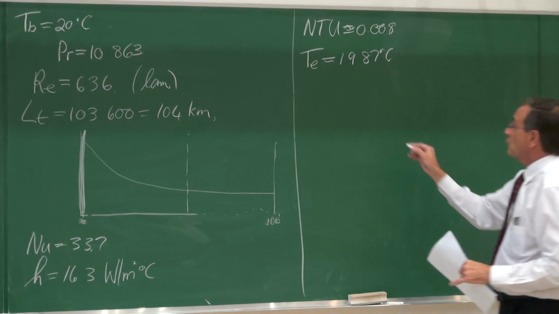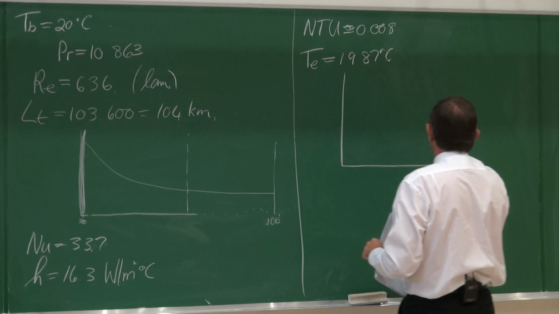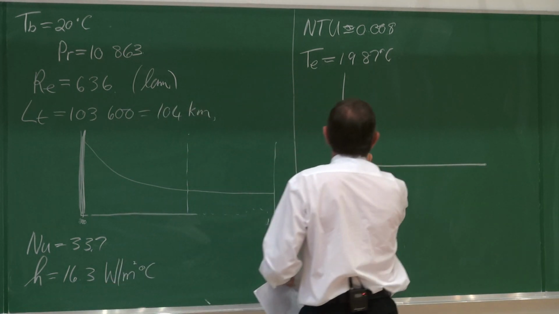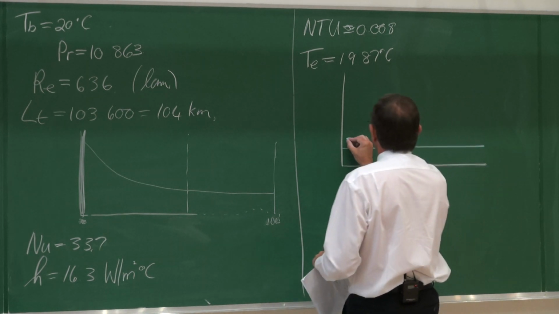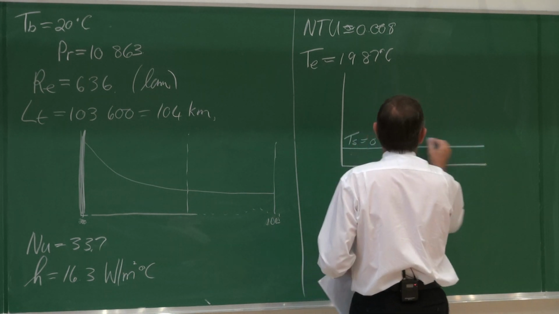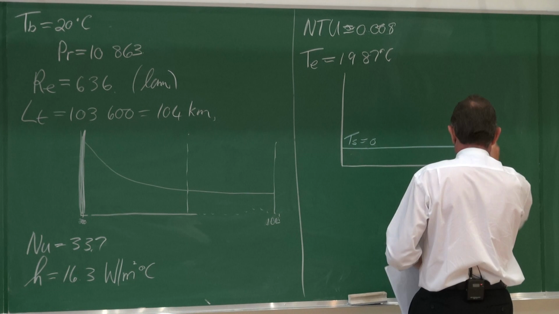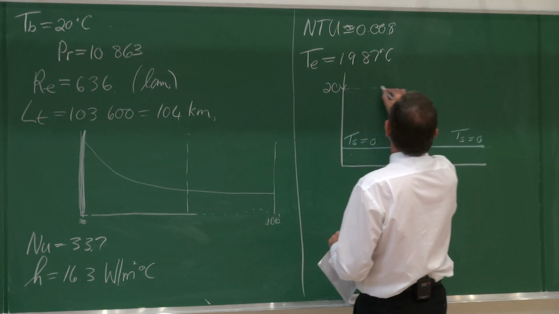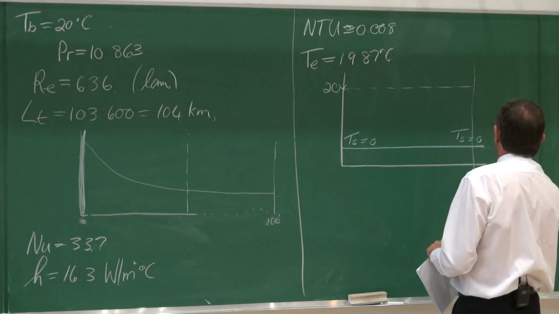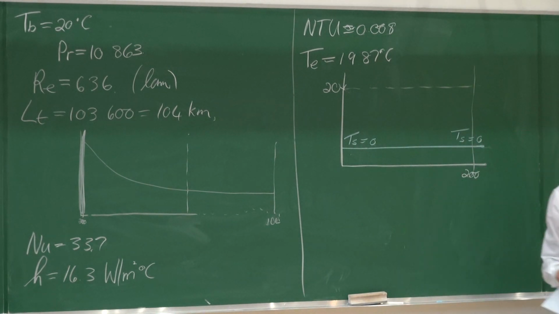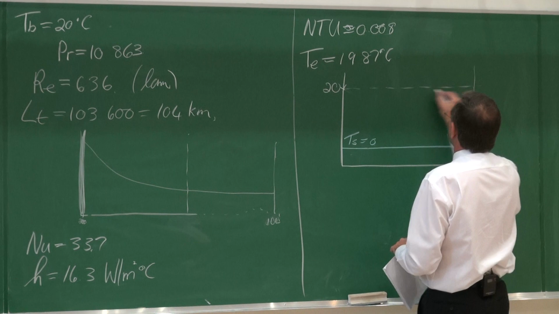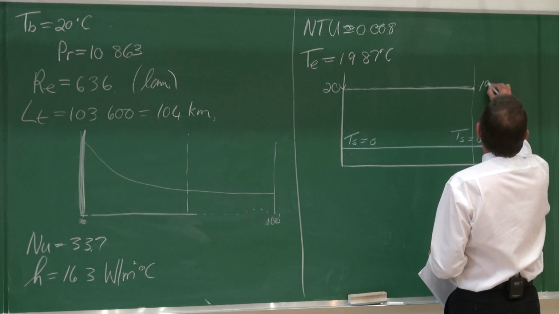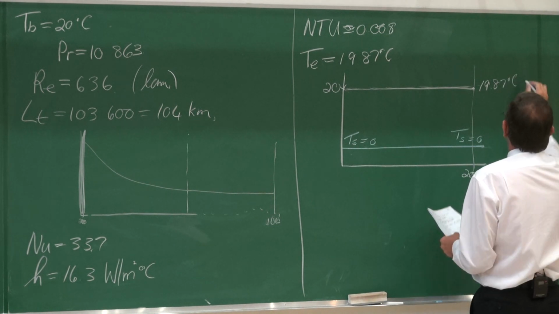So again, if we make a sketch of this situation, there's our surface temperature, which remains constant at 0. Our water inlet temperature was 20 over the length of 200 meters, and we will almost not even see the temperature change. It's going to be 19.87 degrees Celsius.